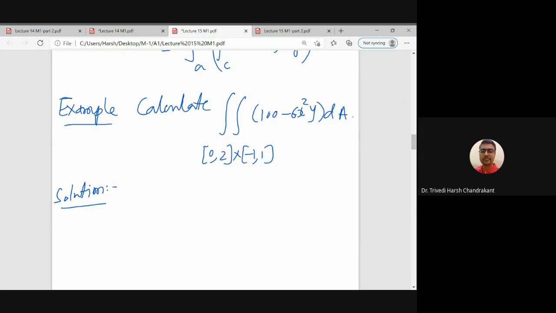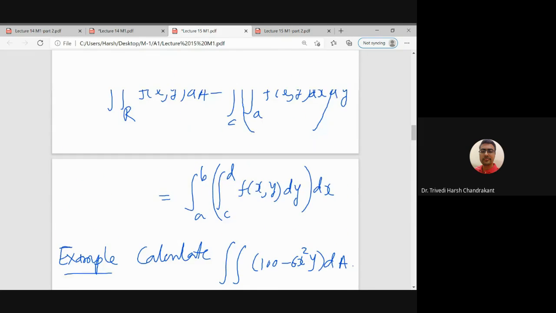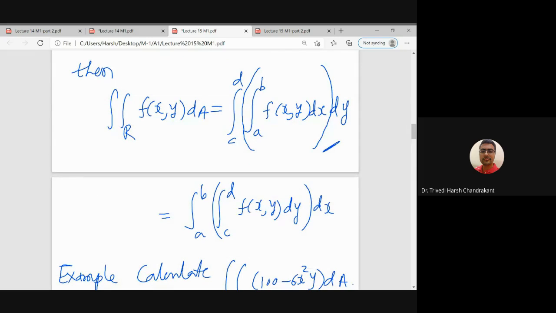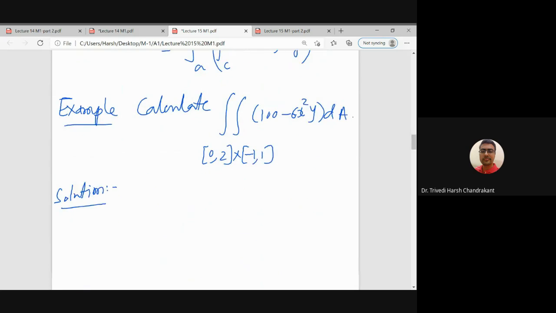Because of Fubini's theorem, we need to find only one integral, either this or this. But for the sake of verification of Fubini's theorem, let us find both the integrals.